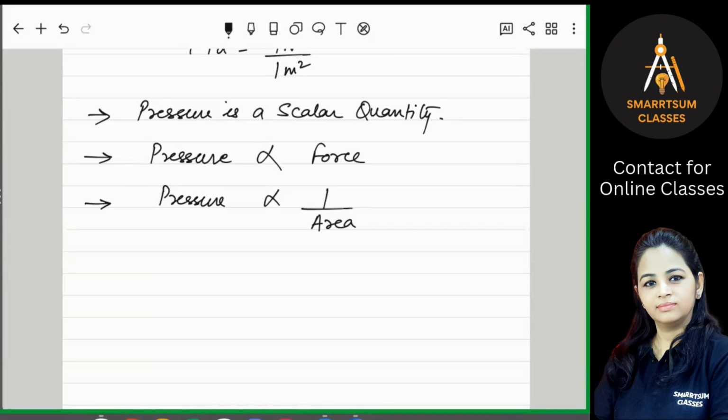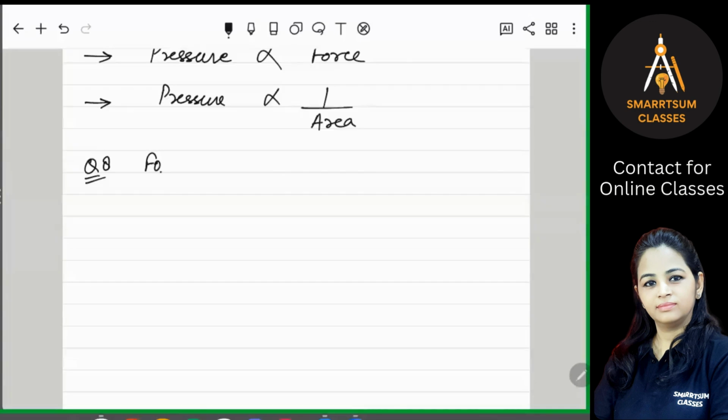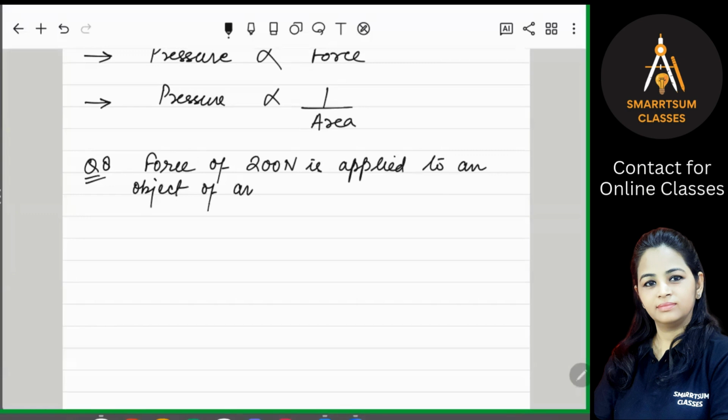Now let's see some questions based on it. Question number 8. A force of 200 Newton is applied to an object of area 4 meter square.